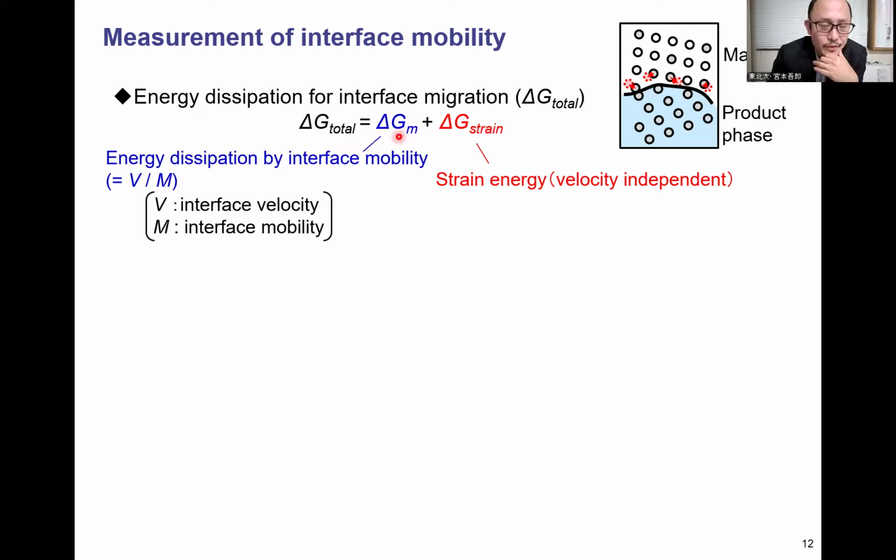The first component is energy dissipation by interface mobility, which is proportional to the interface velocity and inversely proportional to the interface mobility. The second term is a velocity independent term and related to the strain energy. So in order to quantitatively analyze this relationship, we measure the energy dissipation experimentally.